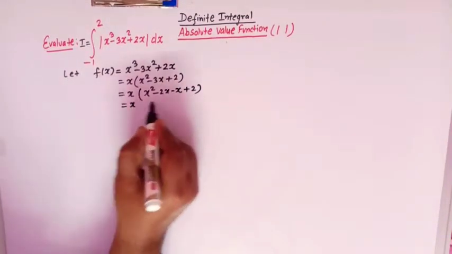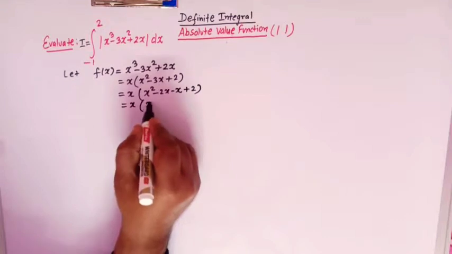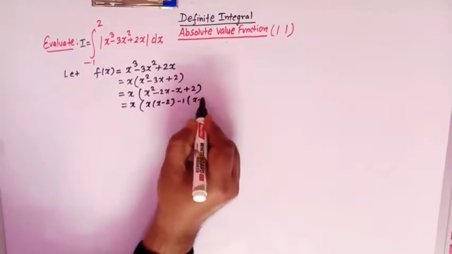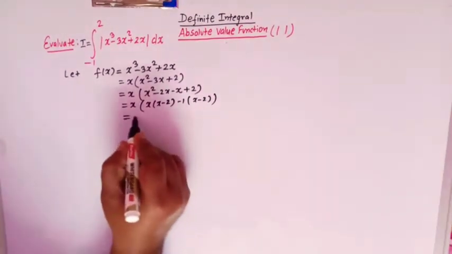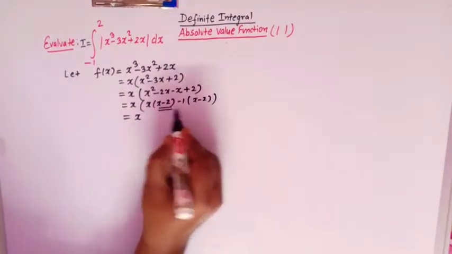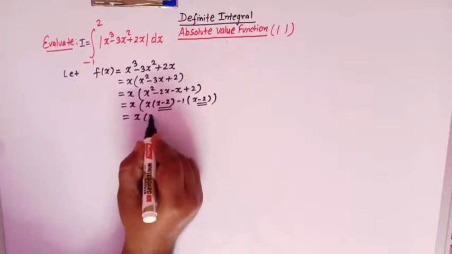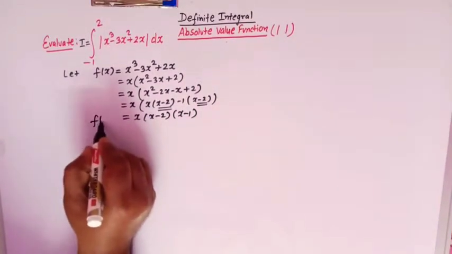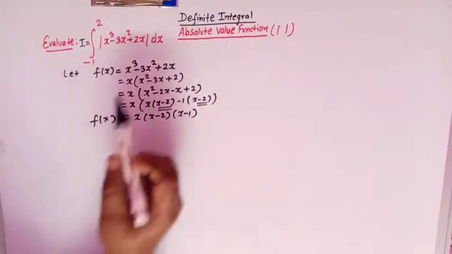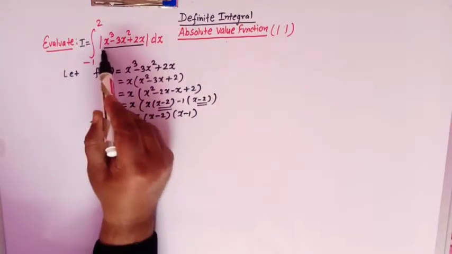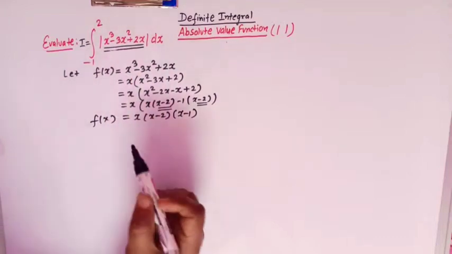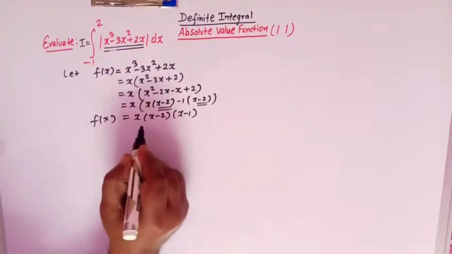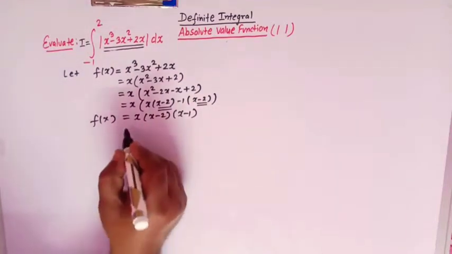Now we can write it as x times x minus 2, minus 1 times x minus 2. Taking x minus 2 common, we have x minus 2 and x minus 1. So this cubic polynomial is factorized into 3 linear polynomials.